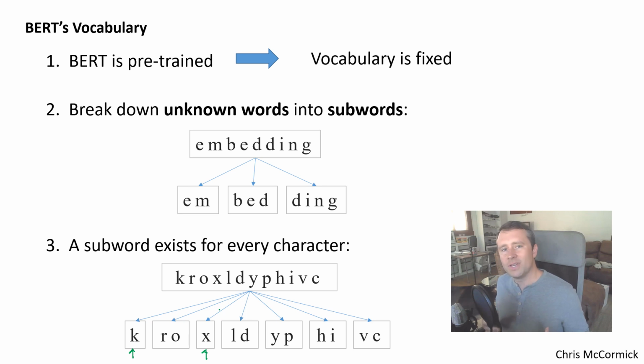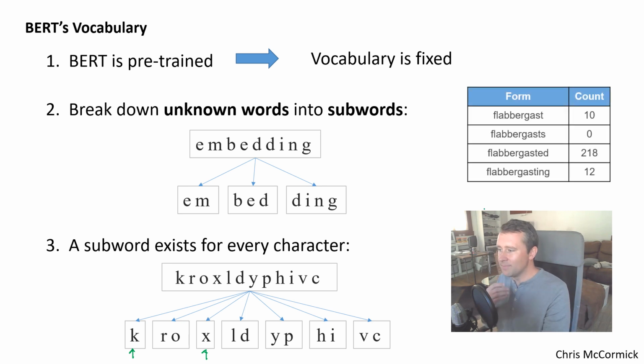If nothing else, we can break down a word into the individual characters that it's made of and create some kind of representation. I'm curious to understand, does this really help? Probably not. I don't know that BERT's going to do anything meaningful with this series of tokens here.